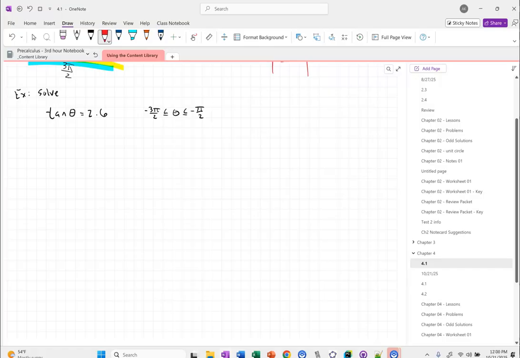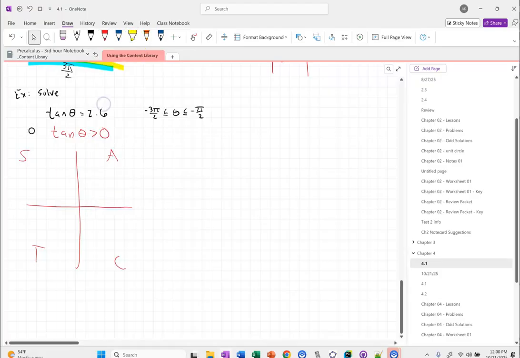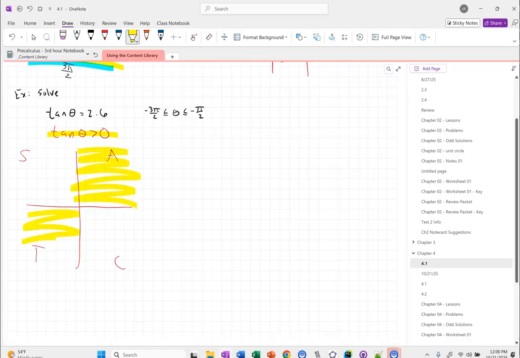Okay. So we have tan theta equals 2.6. So all silly turtles crawl. Where's tangent positive? Yup. And then we need to go, oh no, negative values. All right, so 0, negative pi over 2, negative pi, negative 3 pi over 2.